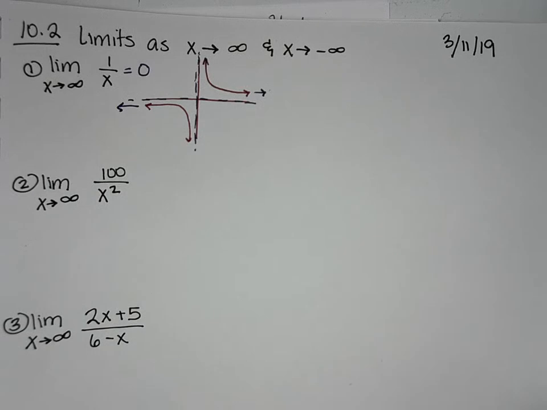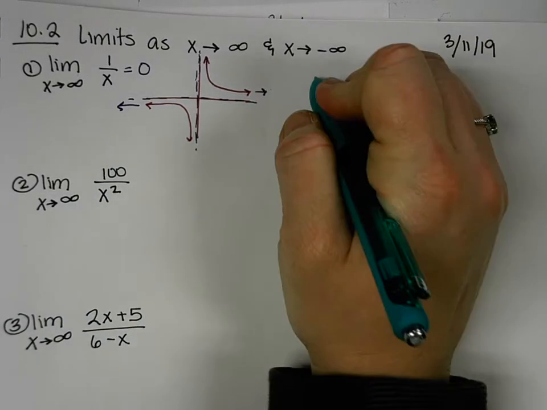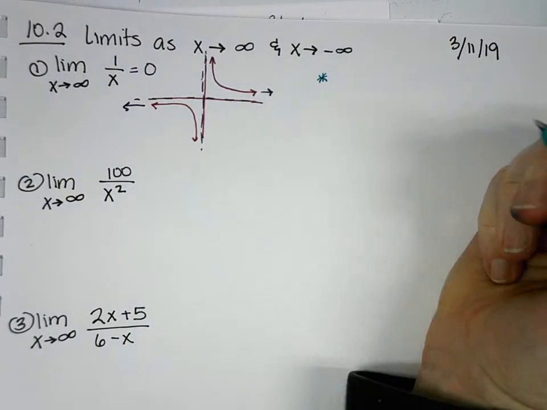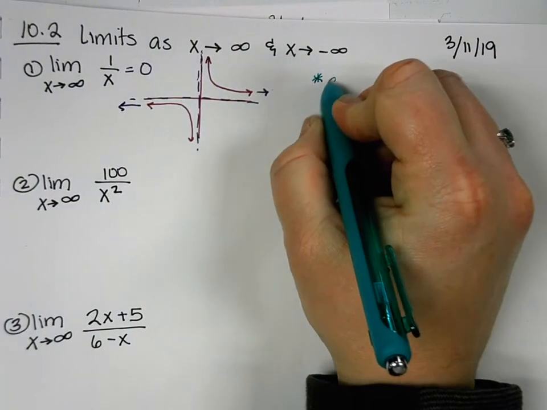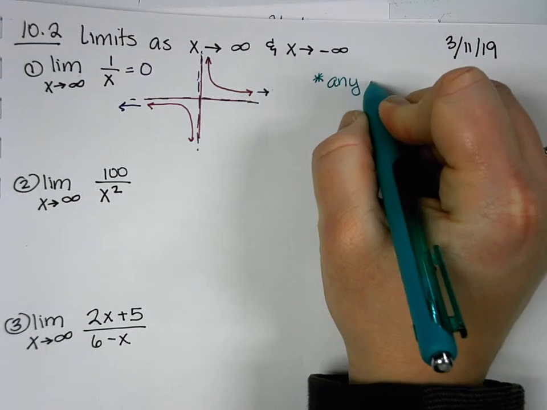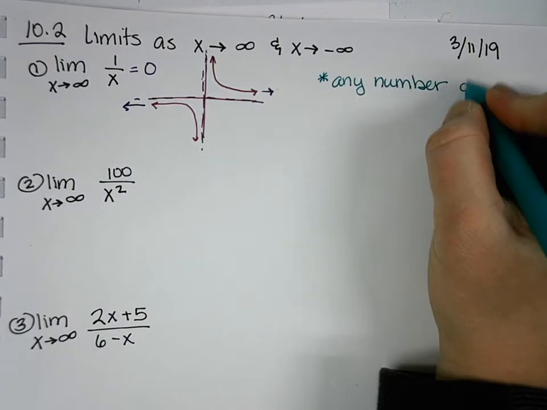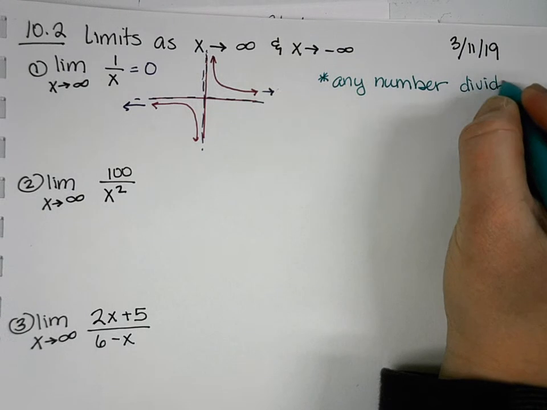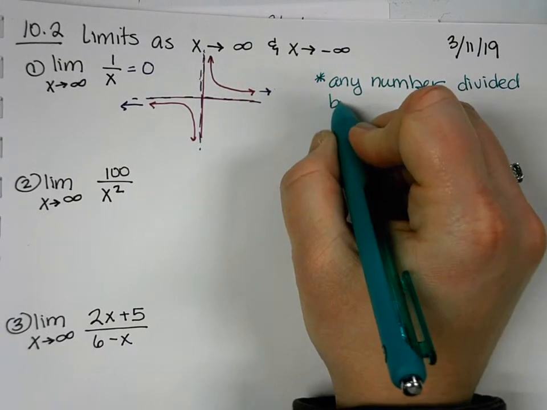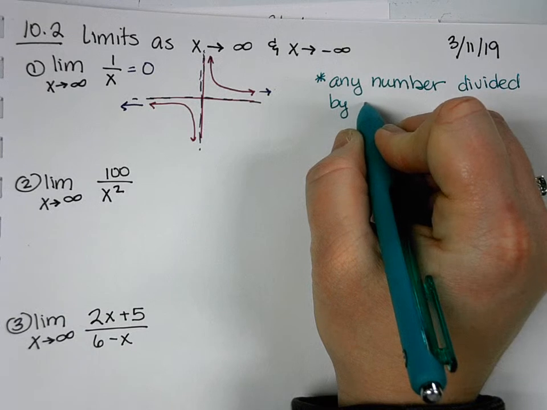And that brings us to one of our rules for limits to infinity. So you can put a little star here: any number divided by infinity.